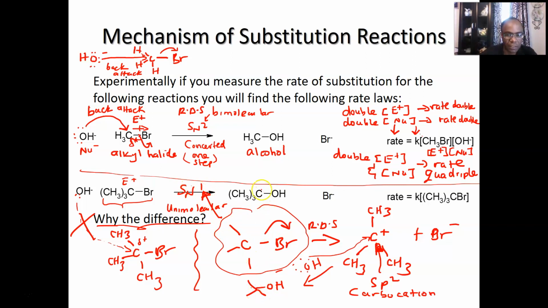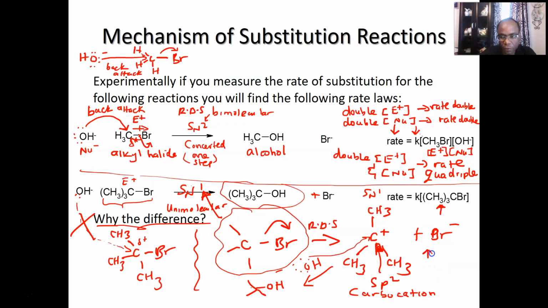This alcohol is this alcohol right here. These are the 3 CH3s in parentheses. The Br fell off here. So one thing determines the rate. It's unimolecular. Here it's bimolecular because two things determine the rate.